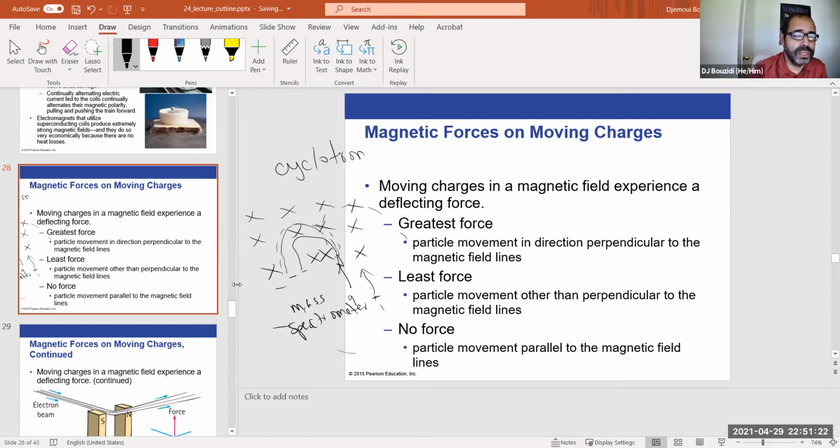Okay? So there are these properties of how charges interact with the wires and with the magnets that are useful for a lot of applications. Actually, it's used also in the old cathodic TVs, not the LCD screens, the old regular CRT screens, okay?